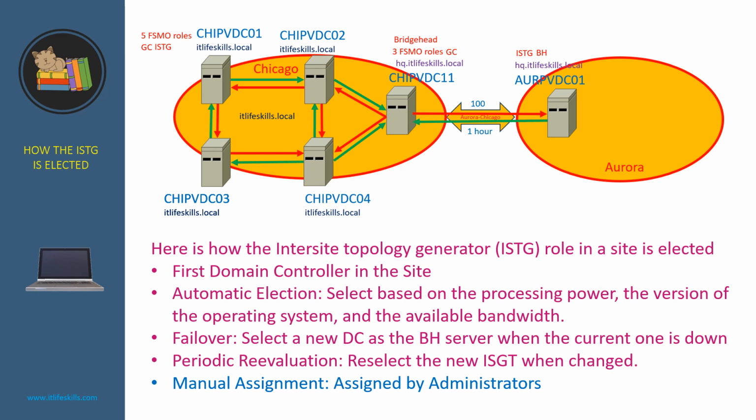The KCC periodically re-evaluates the topologies and reassigns the ISTG's role if it determines another domain controller is now better suited to perform the role. Administrators can also assign ISTG's role to a domain controller in a site.